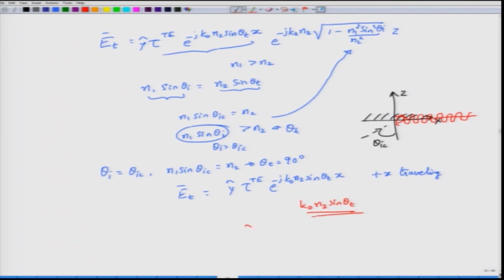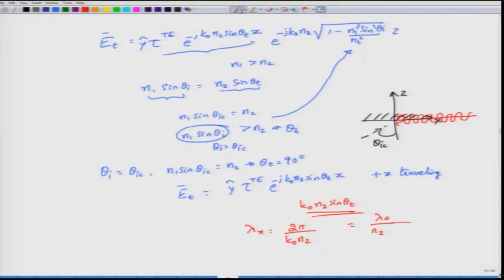And the lambda along the x axis for the wave will be given by 2 pi by k0 n2 sin theta t. 2 pi by k0 is the free space wavelength lambda 0. So, this is lambda 0 divided by n2 sin theta t. Sin theta t will be equal to 1 in this case, so lambda 0 by n2.